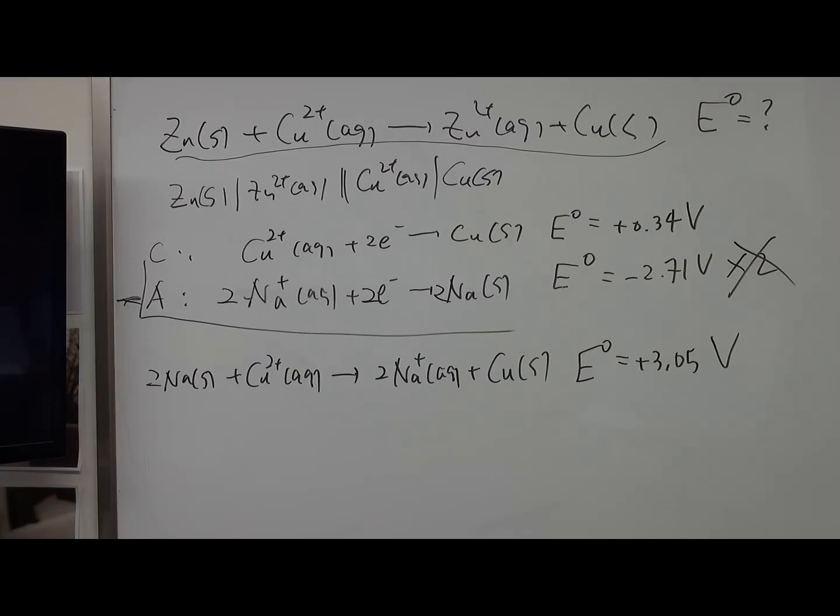Energy. So, since standard electrode potential is an intensive property, you should not multiply by 2. Intensive properties do not depend on the size of the system, right?